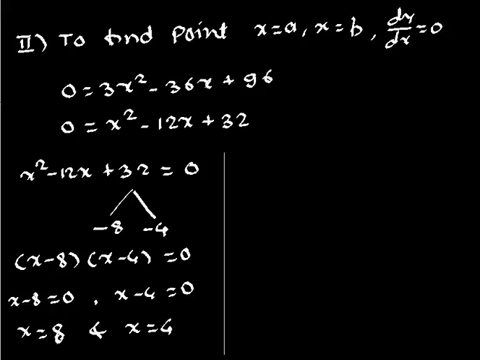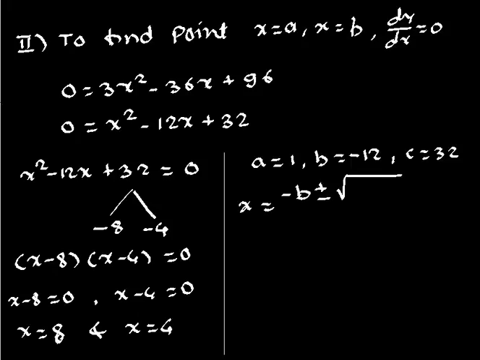If some students find this method difficult, this is another method. For ax square plus bx plus c, a is equal to 1, b is equal to minus 12, c is equal to 32. This is a formula we learn in school: x is equal to minus b plus or minus under root b square minus 4ac, upon 2a.